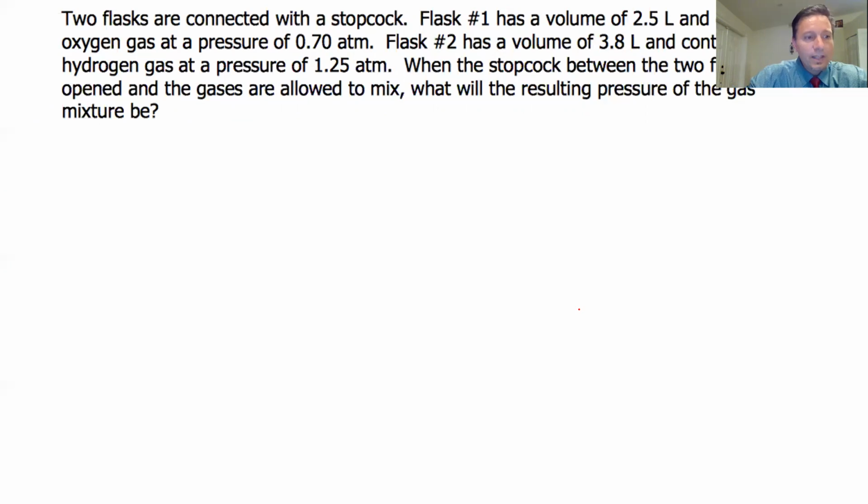Flask 2 has a volume of 3.8 liters and contains hydrogen gas at a pressure of 1.2 atmospheres. When the stopcock between the 2 flasks is opened and the gases mix, what will be the resulting pressure of the gas mixture? Think about this for a second, pause the video and give it a whirl. Run with it yourself and see what you come up with.